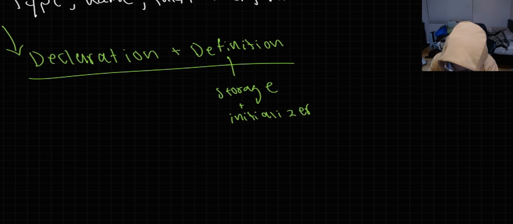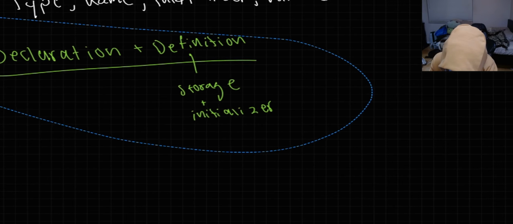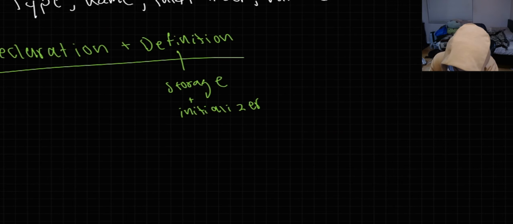Now, before we finish this off, there are two types of object lifetime durations.